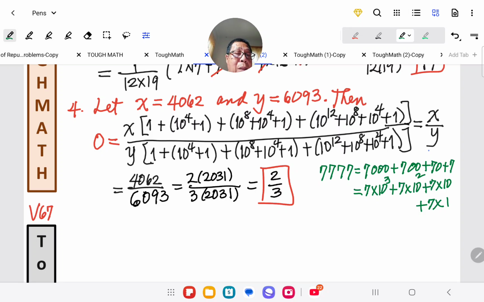Now, in all of these products, 7 is common, so we have 7, and then the uncommon partners are 10 cubed, 10 squared, 10, and 1. Okay, that's the reason why we have these numerical coefficients of x and of y in our expression.